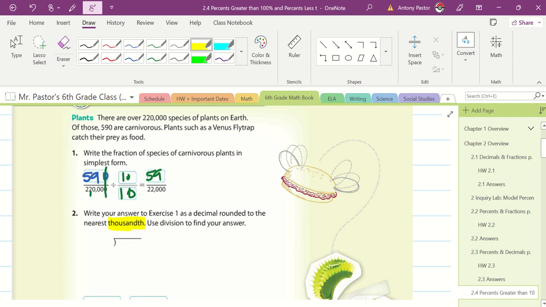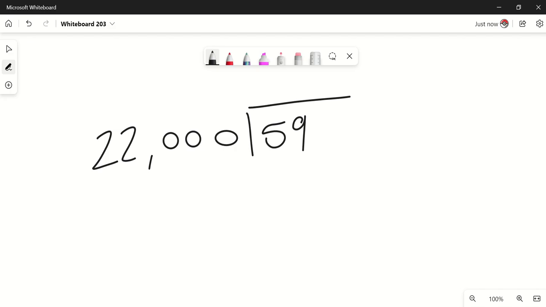And remember, when we can't make our denominator out of 100, what we need to do at this point is to divide numerator by denominator. And unfortunately for us in this case, this is going to be a big one.